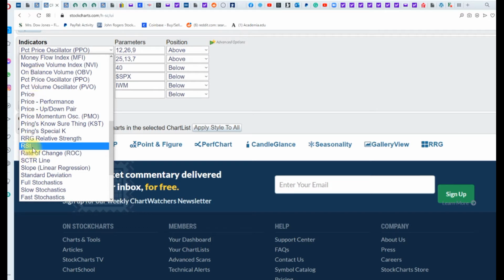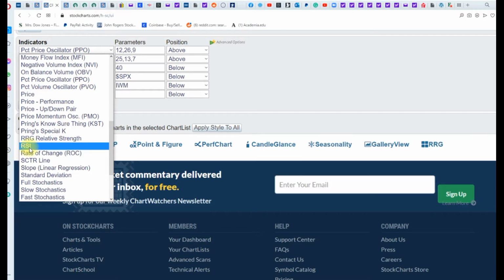The RSI is very popular, and you have different ones altogether: money flow, price momentum oscillators and stuff like that. We're going to show you what I normally use, and at this time, the percentage price oscillator. You can use those two.